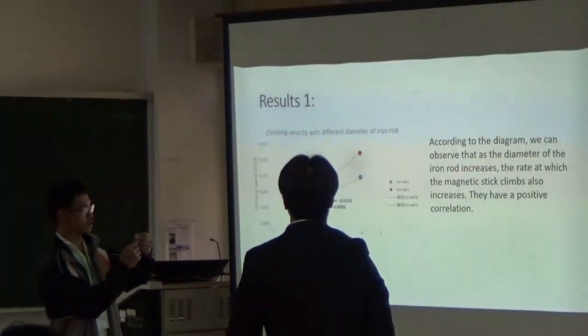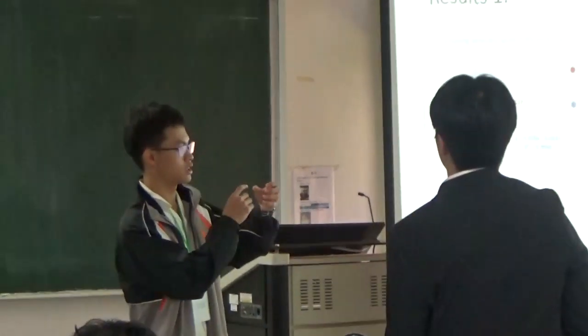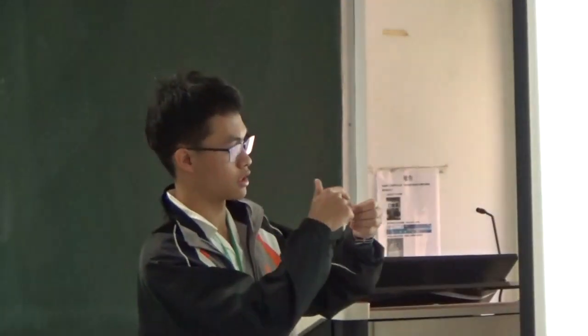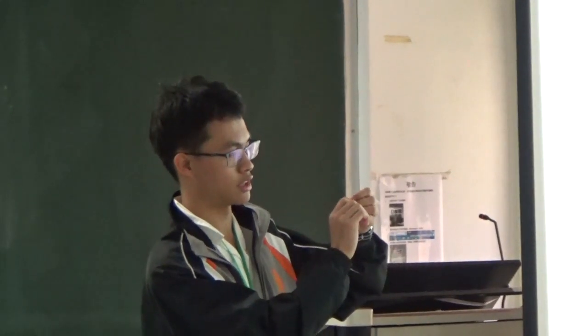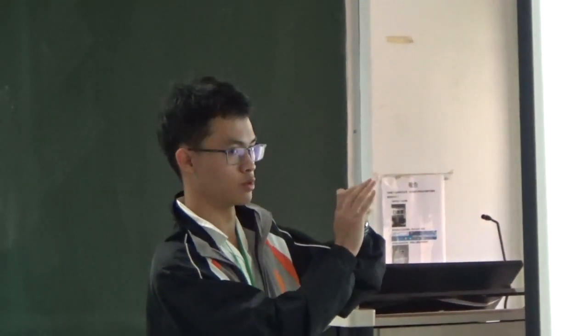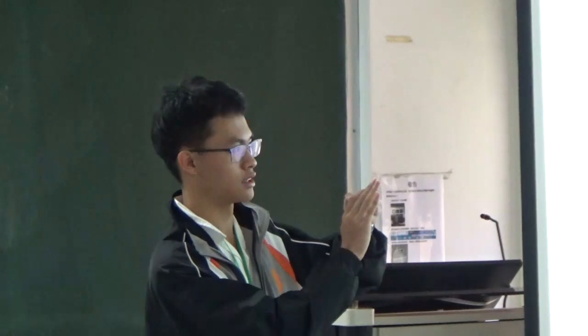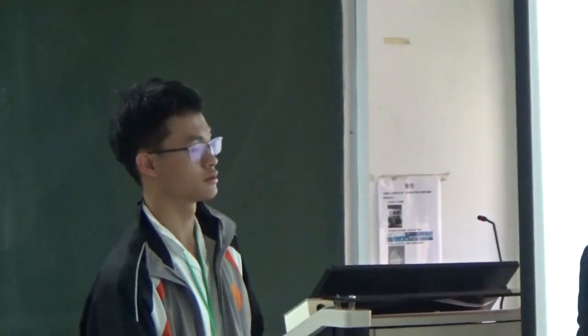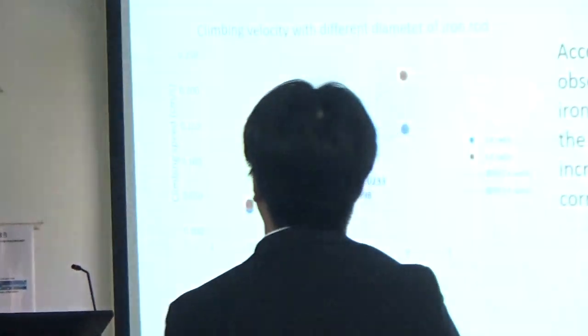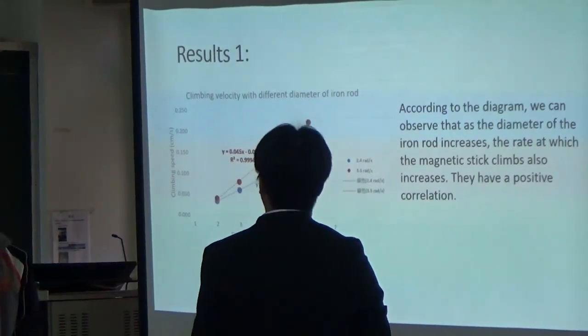Because iron rods with big diameters will displace more. You mean you will move more? Yeah, so your turns come out bigger. I think maybe you could show some video here. But I think your answer quite makes sense.